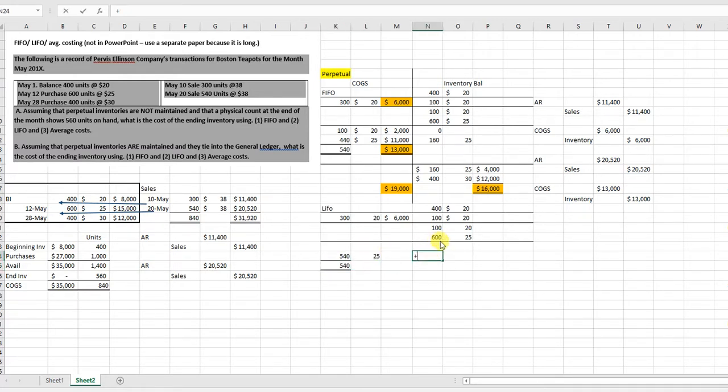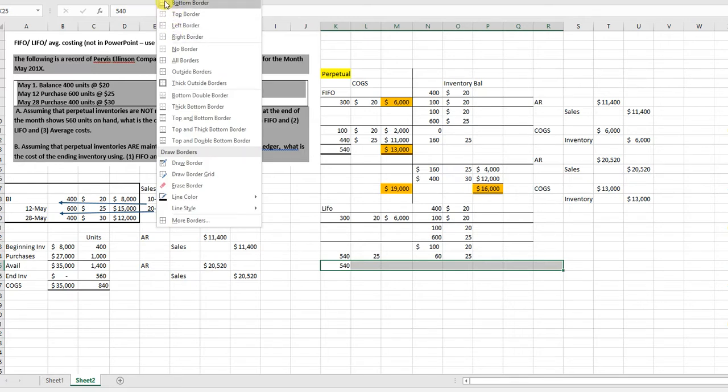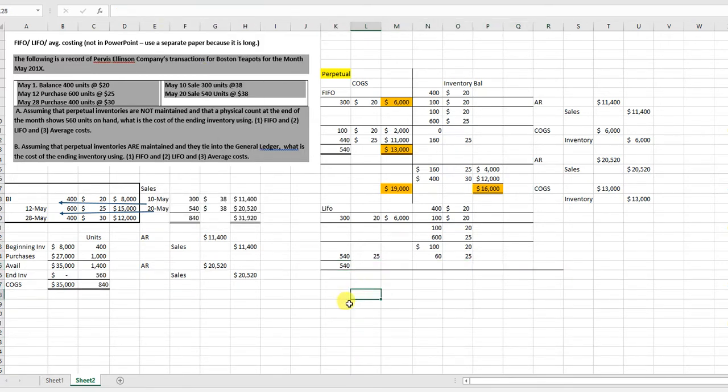I had 600 in there. I sold 540. So I've got 60 left at 25. And I have all 100 of them at 20. Okay, and so there's my new inventory layer there. And then the last thing that I did, whoops, I should have multiplied that out.